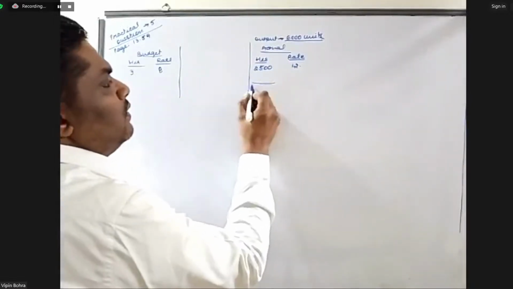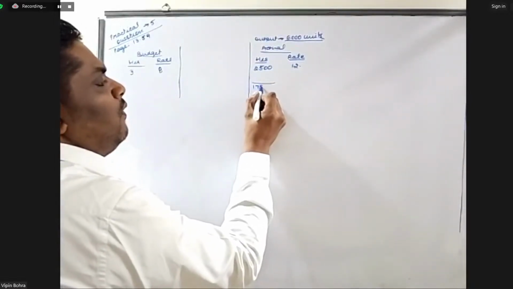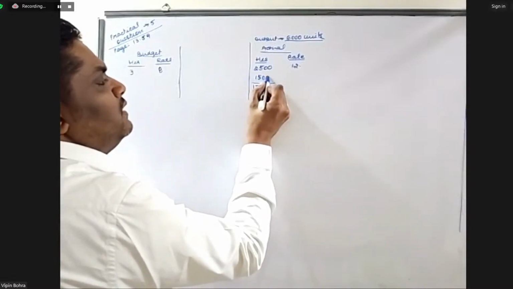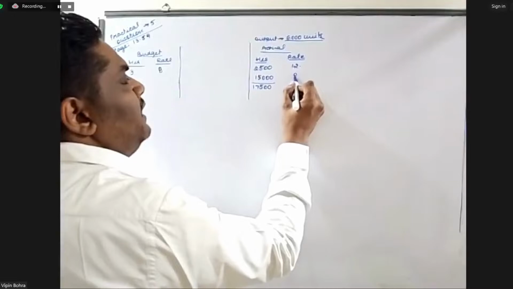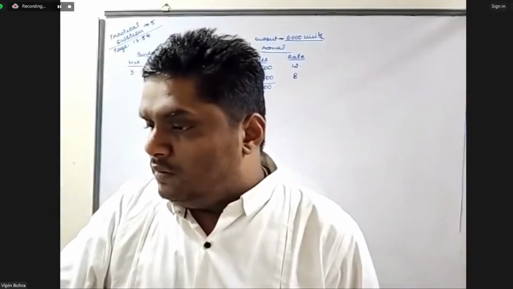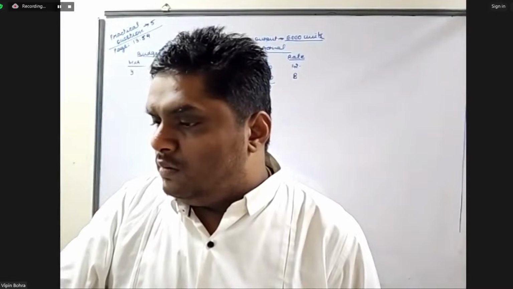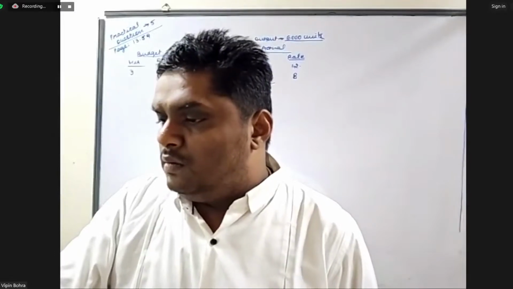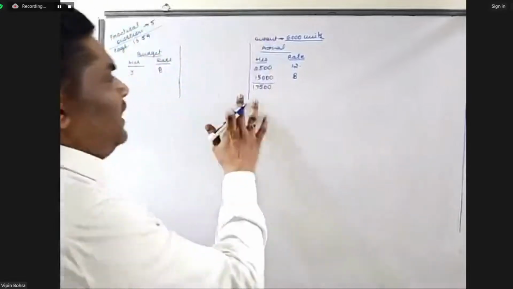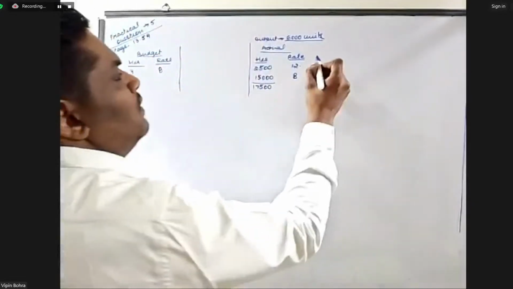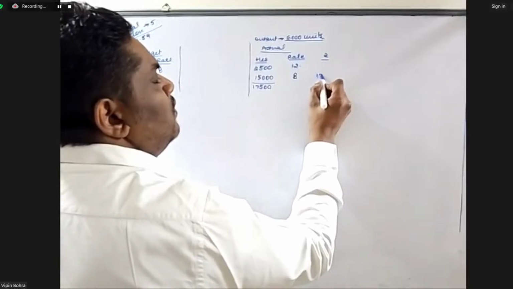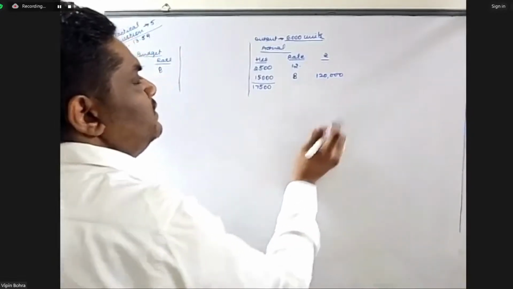And for the remaining 15,000 hours, the company were paying at the standard rate. So now this part is done. So amount. So this is 1,20,000.